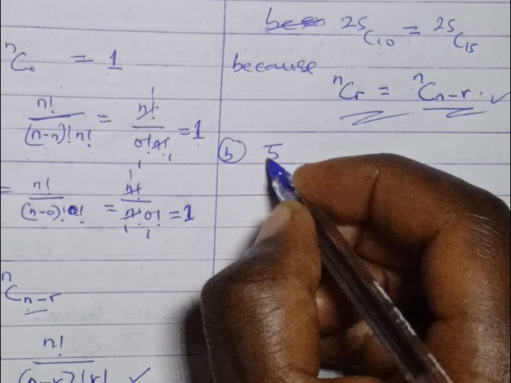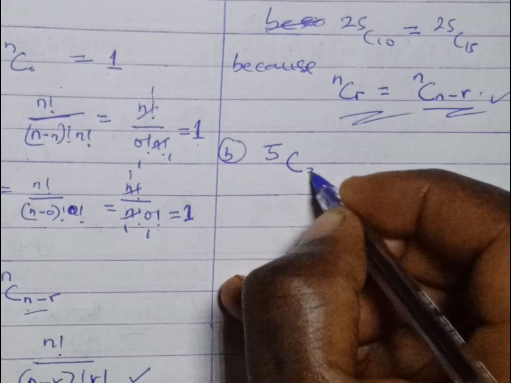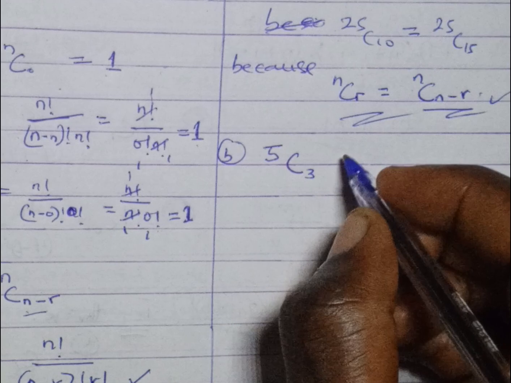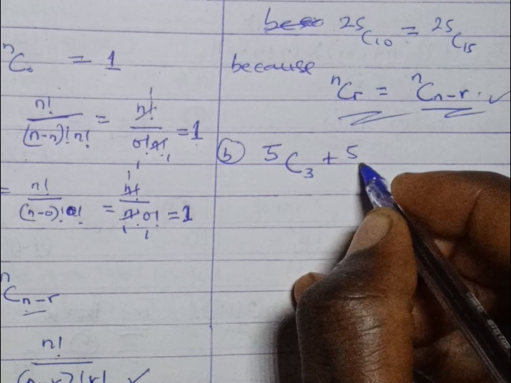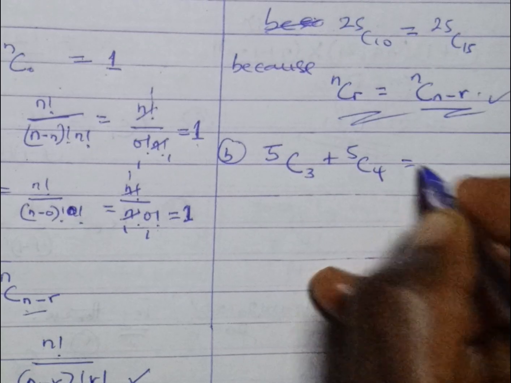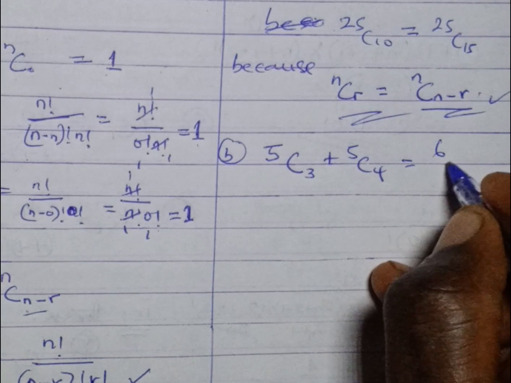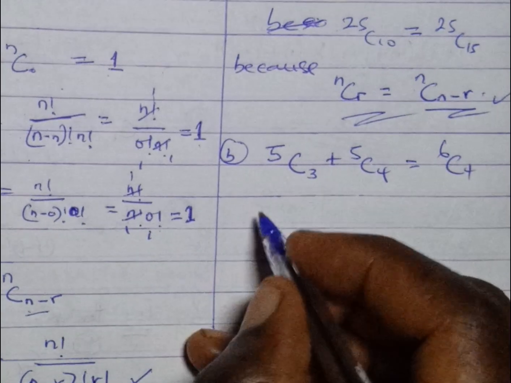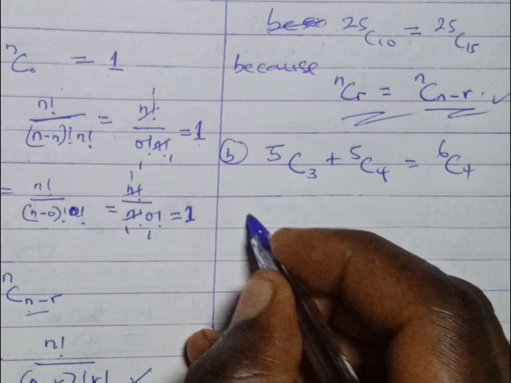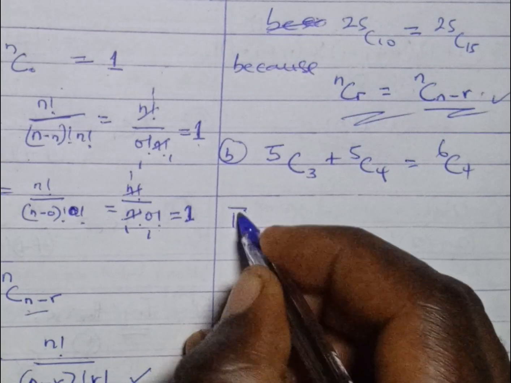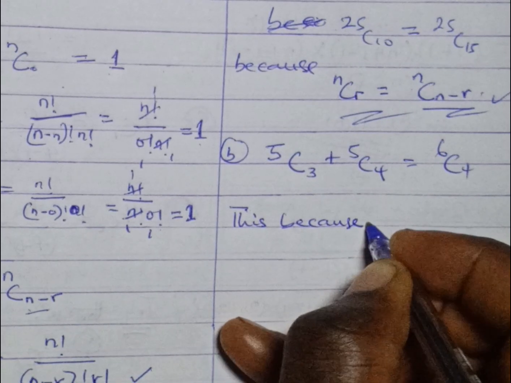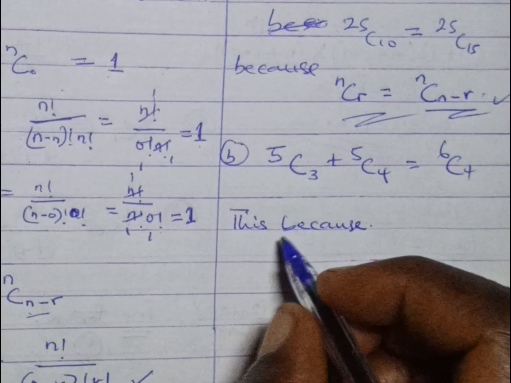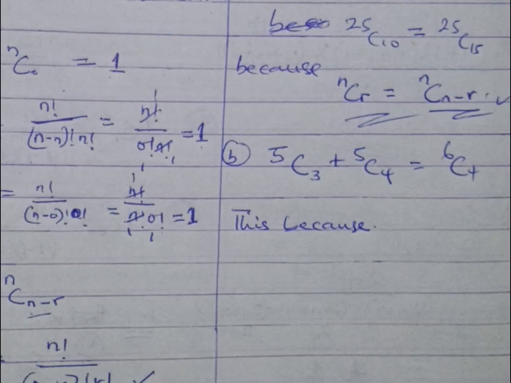The B part, you might see something like: without evaluation, explain 5 combination 3 plus 5 combination 4 is equal to 6 combination 4. Simply, you can say this is because of this fact.